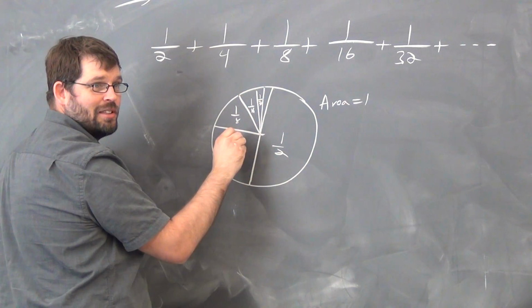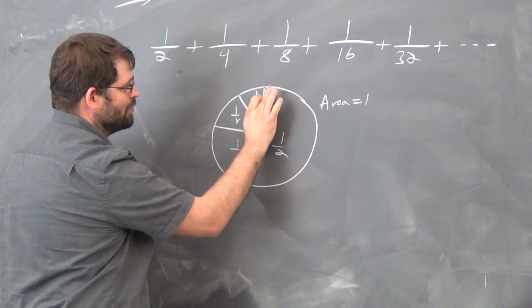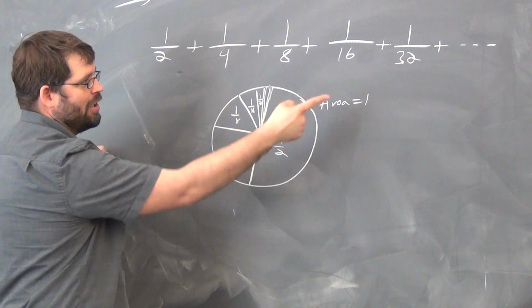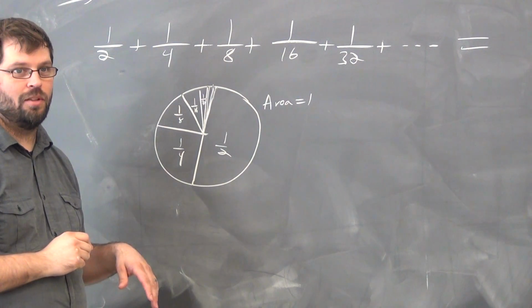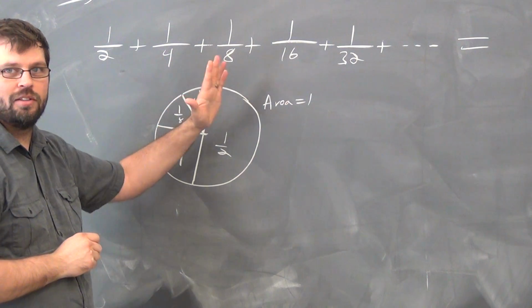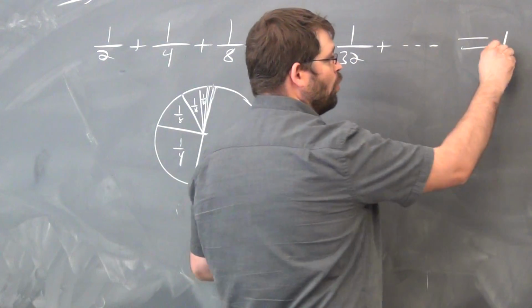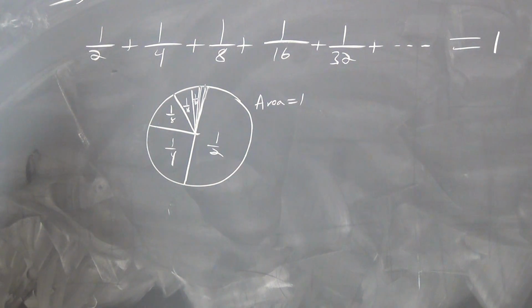Obviously I can't squeeze any more in there, but as you keep adding half of what's left over, what do you think this sum should end up being? It should be 1. You're going to gobble up that whole circle and nothing more. Does that make sense? So this should be 1. We'll see this to be true in a little bit. But that's what we're kind of studying.